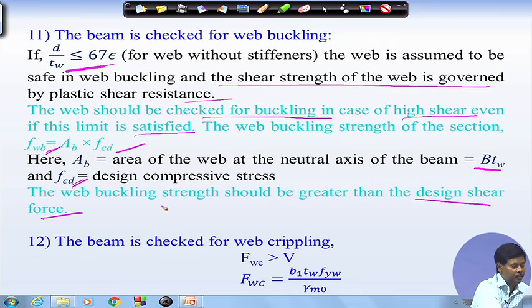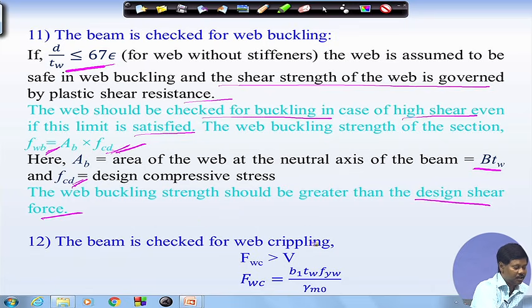So, if web buckling strength is greater than the design shear force, then fine, otherwise we have to increase the bearing plate length. Either we have to increase the bearing plate length or we have to increase the section size to increase the web buckling strength.